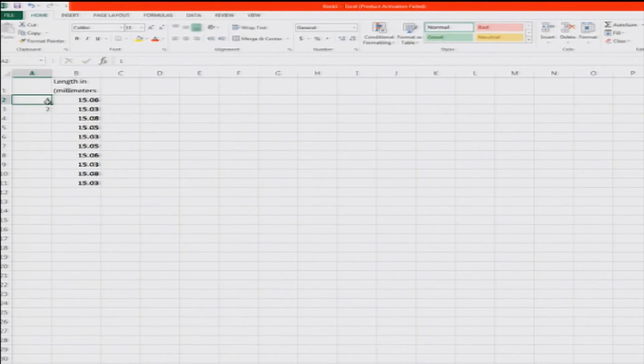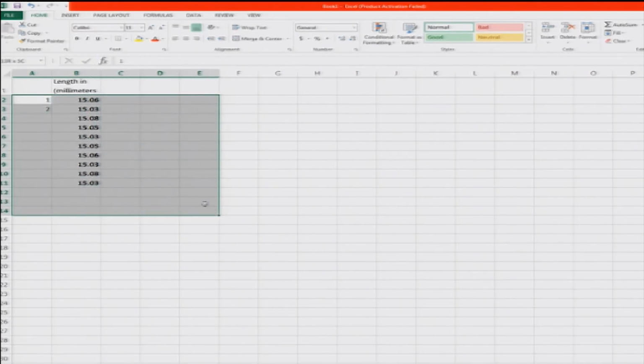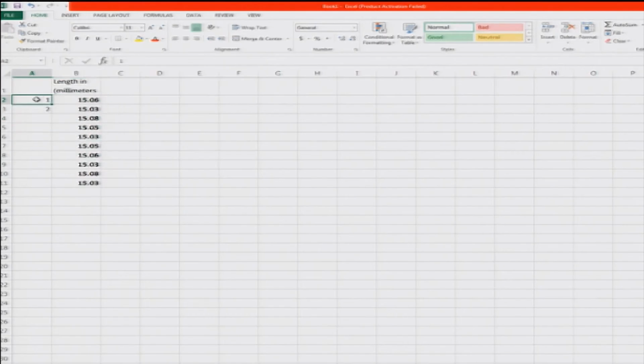If I come to the center of the cell, this kind of plus is there, which is actually a select tool. If I drag it, it may select the column, it may select the row, it may select the whole matrix here, whatever you like. So, this is the select tool.